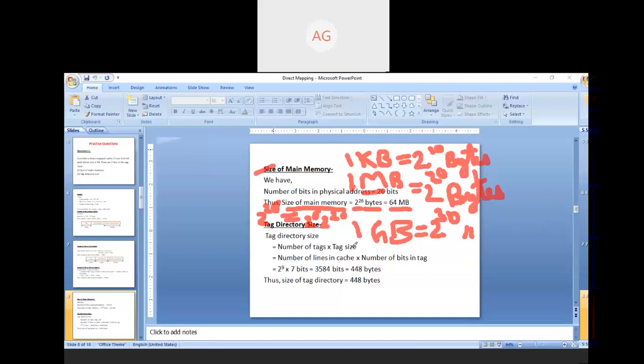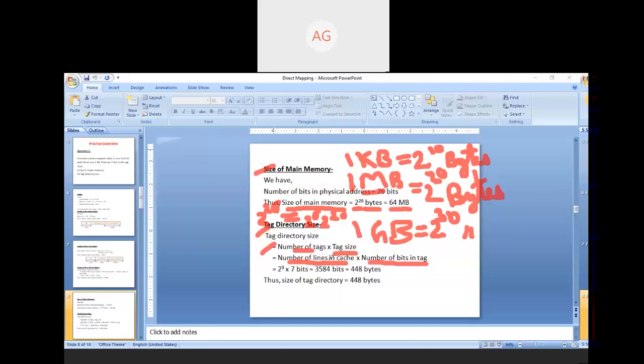Now we are moving to the second part, which is the tag directory size. The tag directory size we can find by using the formula: number of tags times tag size. This can be converted into the number of lines in cache times the number of bits in tag.